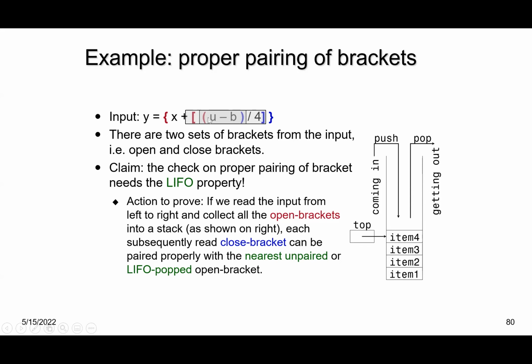After you read everything in this expression, you check, do you still have anything in your stack? If you still have something, but you have reached the end of this expression already, it means you have an extra opening, because there is no closing that you can encounter to match with this opening here.